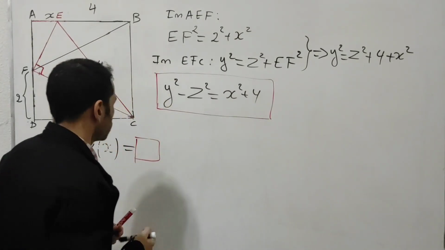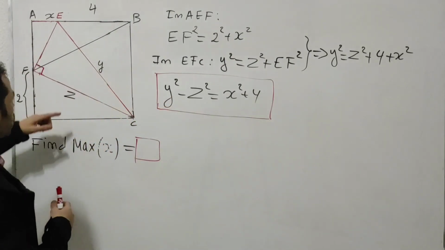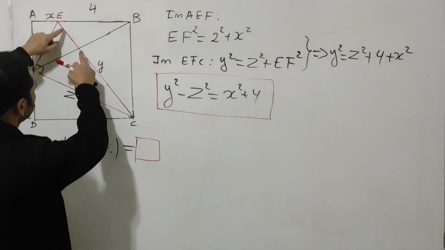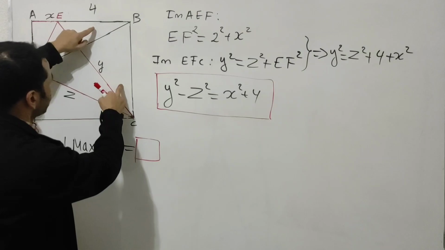Now I'm going to calculate y squared and z squared. In order to calculate y squared, I'm going to take this triangle EBC and apply the Pythagorean theorem.